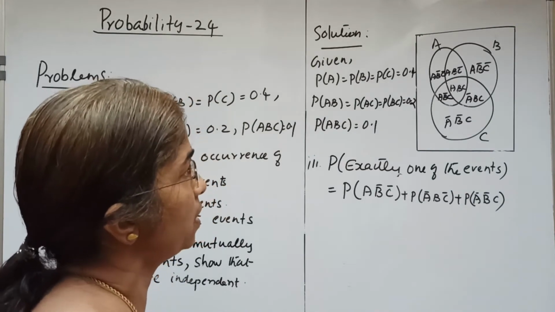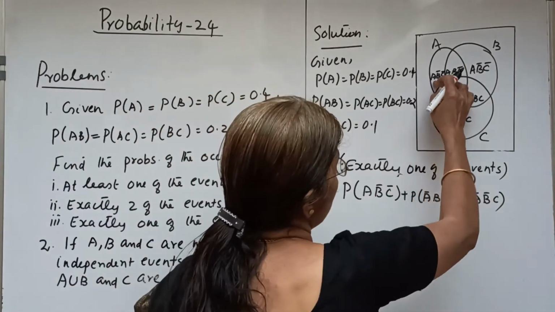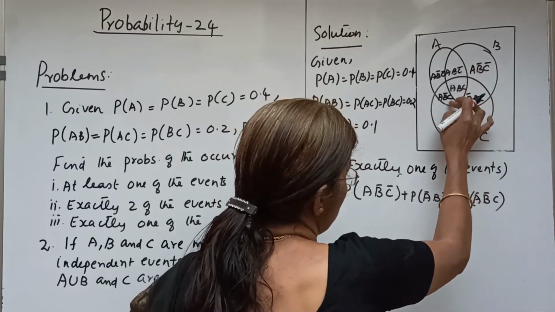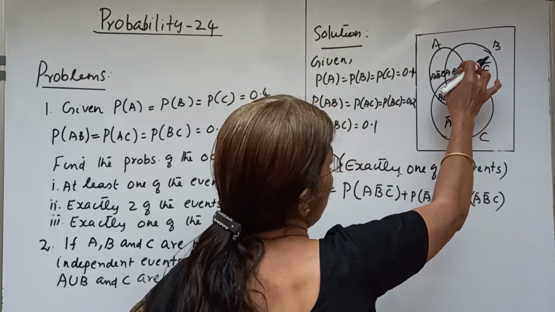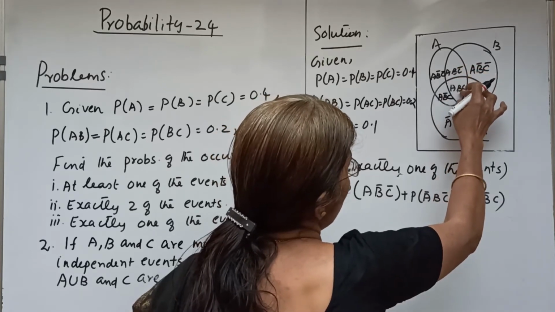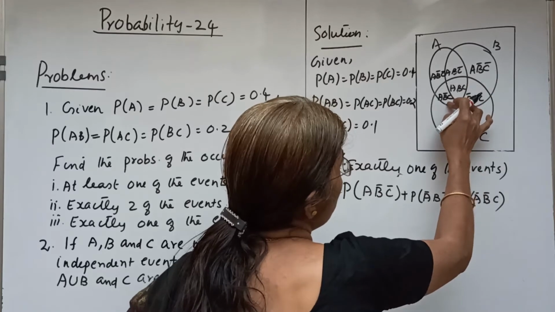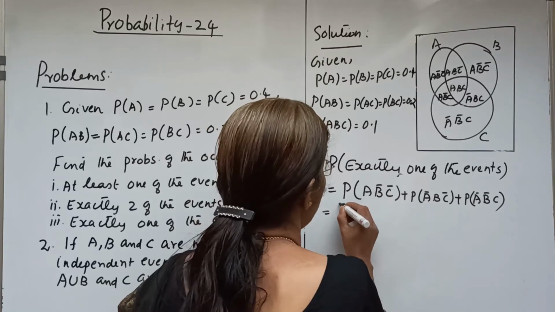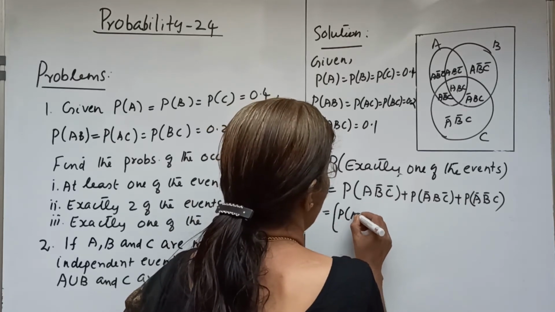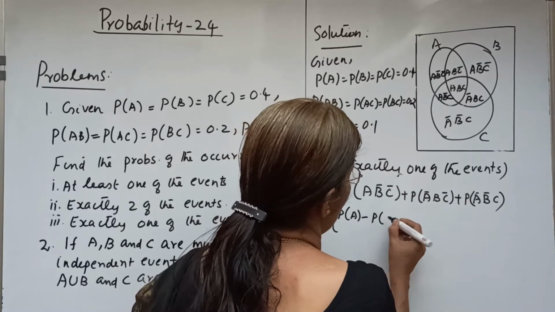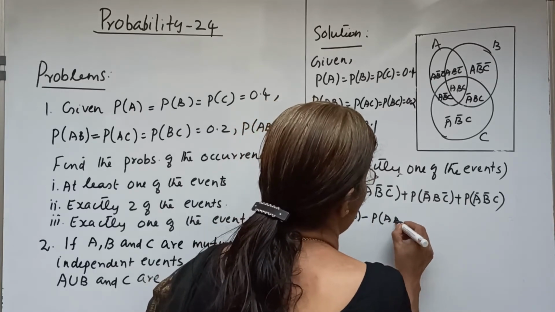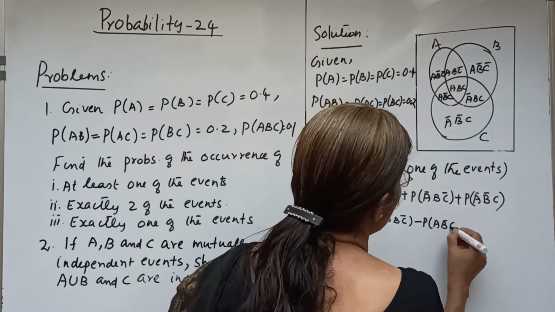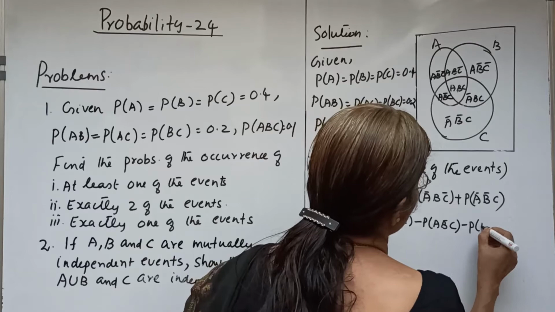So how is it obtained? A B bar C bar can be obtained from this whole, that is P of A minus P of A B C bar minus P of A B C minus P of A B bar C. So we express this as P of A minus P of A B C bar minus P of A B bar C minus P of A B C, isn't it?